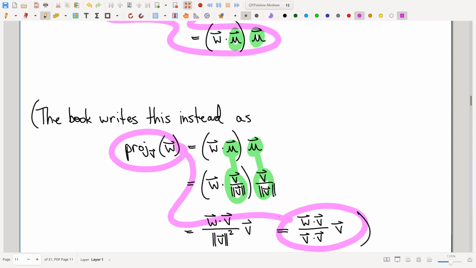This is what I'm going to call natural. It's conceptually convenient. It's conceptually transparent. I couldn't forget this if I tried. This I'm going to forget in the next 15 minutes. And I won't be sure, is it the W's with the V's, or which is on the denominator? Is it the W or the V? It's easy to get it backwards.